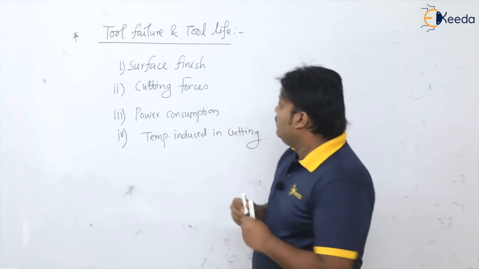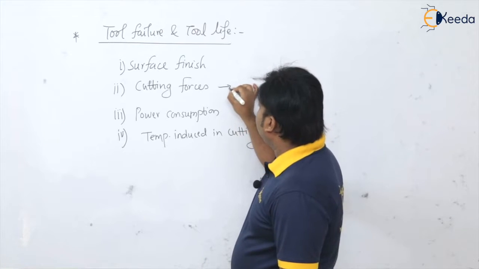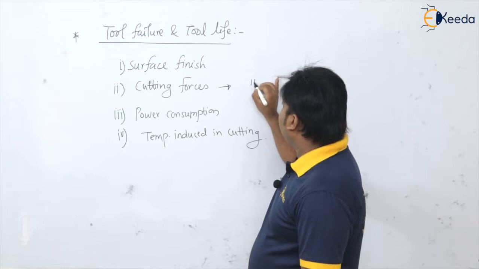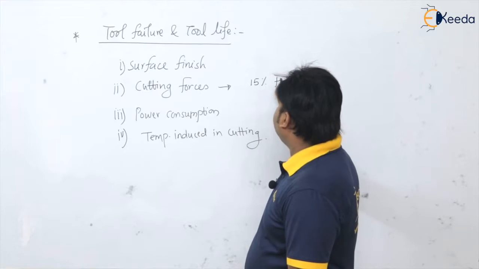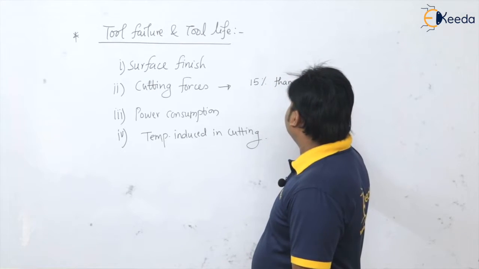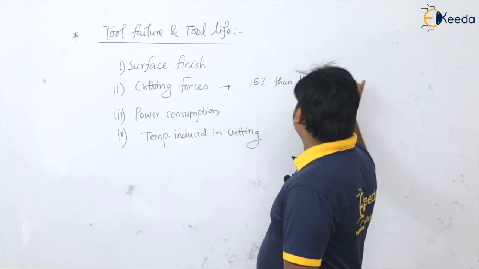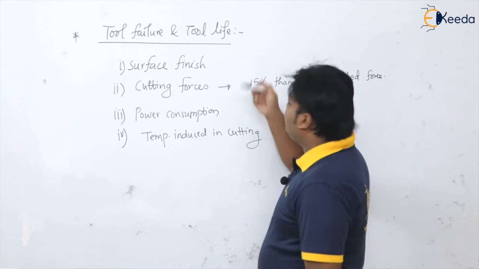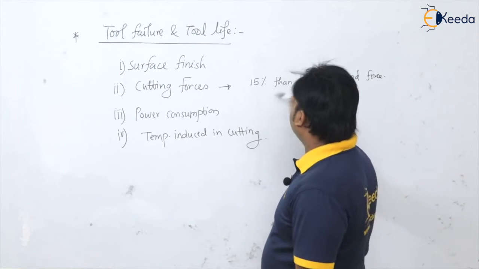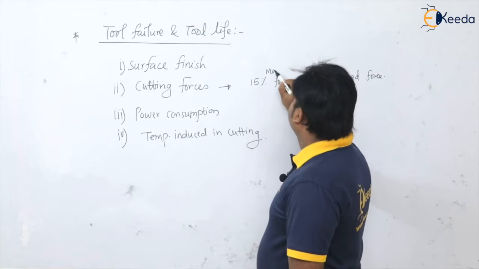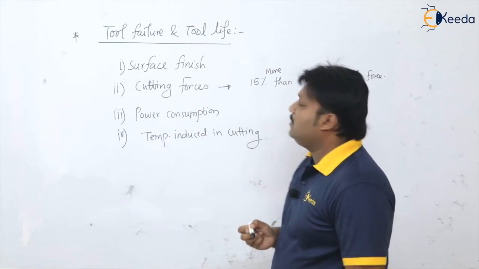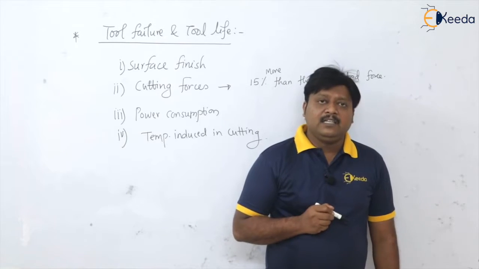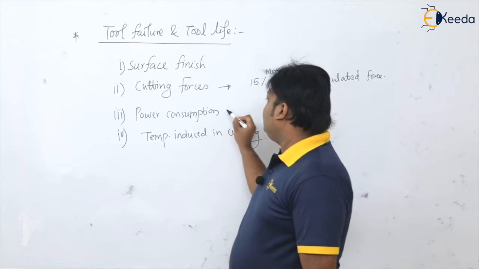That is, when you measure the cutting forces by the dynamometer, if they are exceeding the calculated forces by 15%, then you can say that the tool is failed.